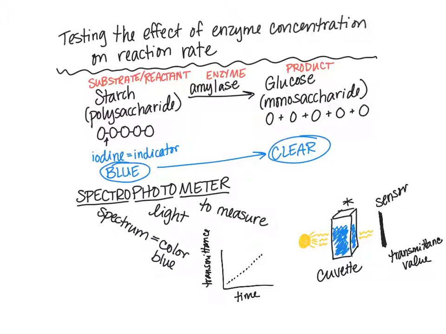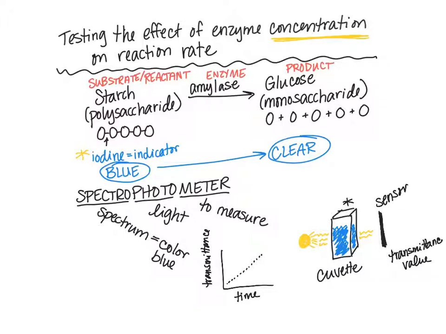All right, so by using our indicator of iodine and mixing our starch with our enzyme amylase, we can measure how quickly the blue changes to clear, and we're going to look at different concentrations of enzyme.